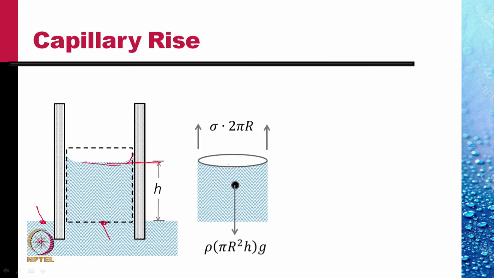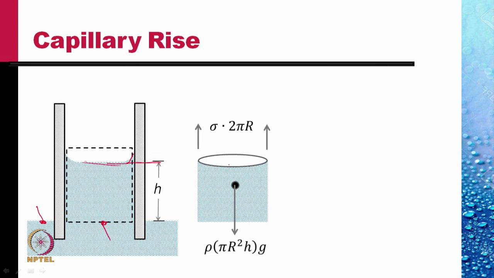And this is balanced by the surface tension force, sigma into 2 pi r. Assuming that the contact angle is 0, this force is vertically upward. For water in a glass tube, with the contact angle 0, this force would be sigma into 2 pi r.